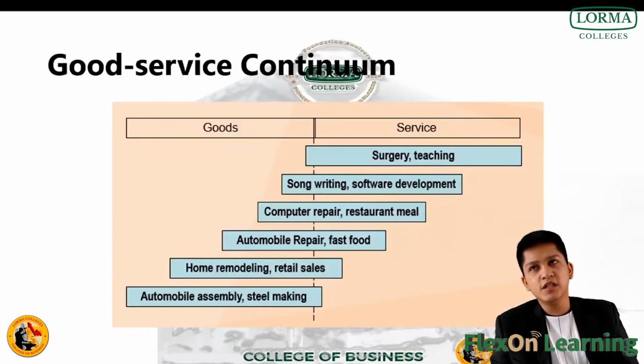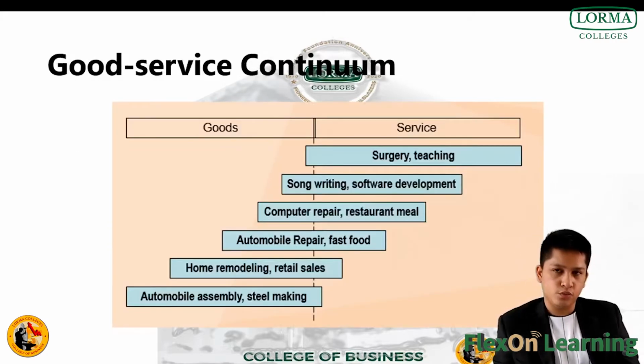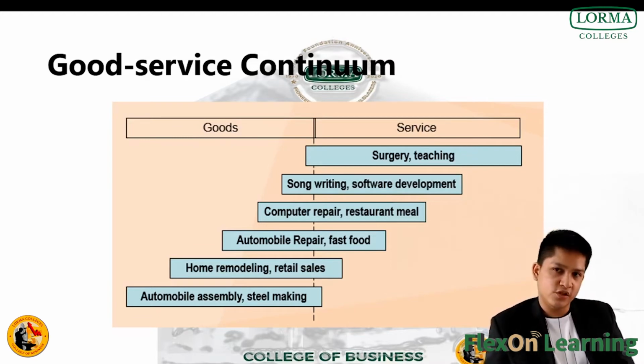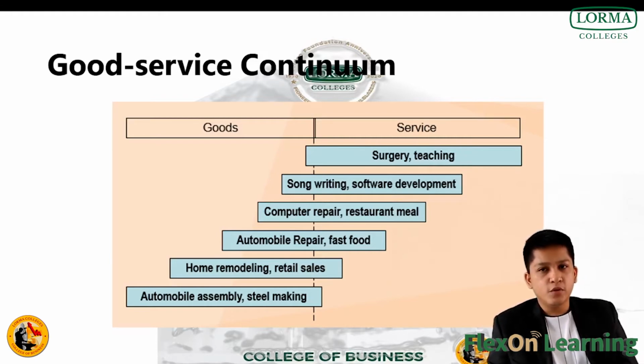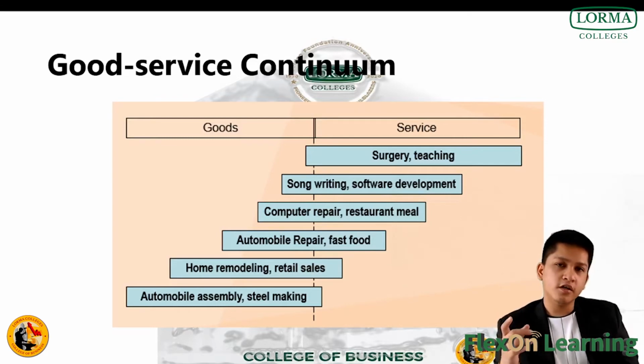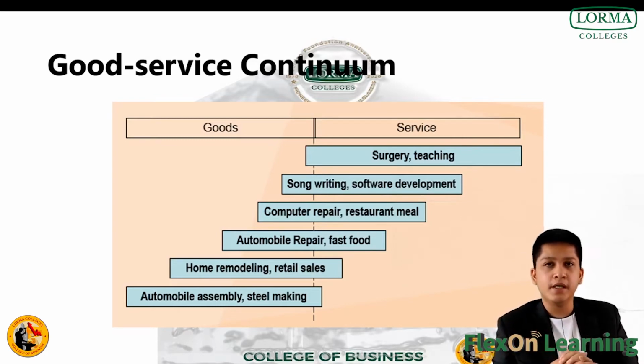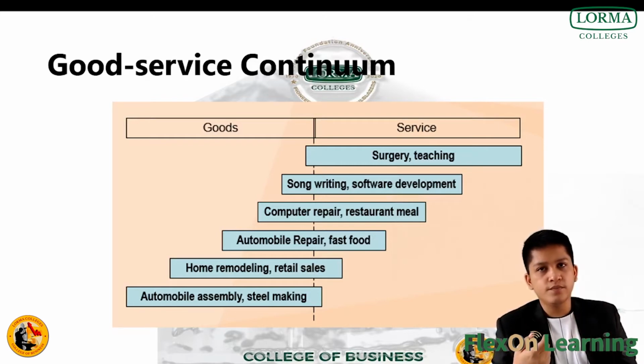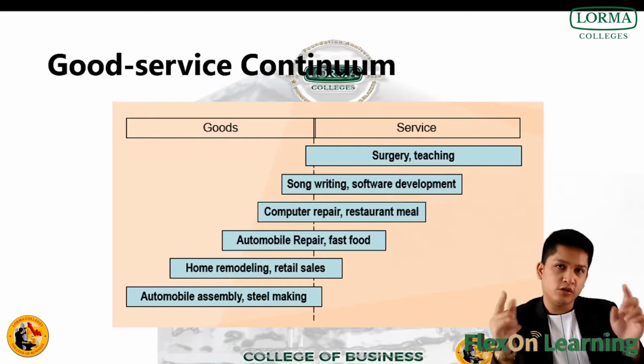Okay, let's proceed with goods and services. You can see here these are the examples of goods and services: automobile assembly, steel making, home remodeling, retail sales, automobile repair. The goods there are the parts used in the repair. Computer repair, the parts again, that is your good. Songwriting, the output itself is the good.